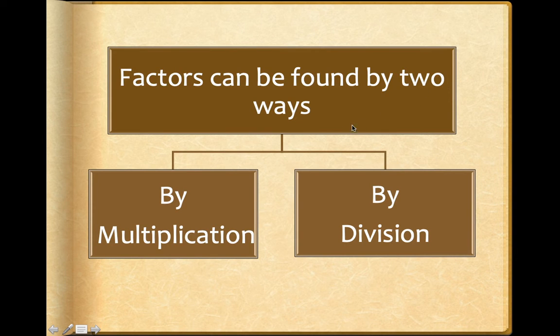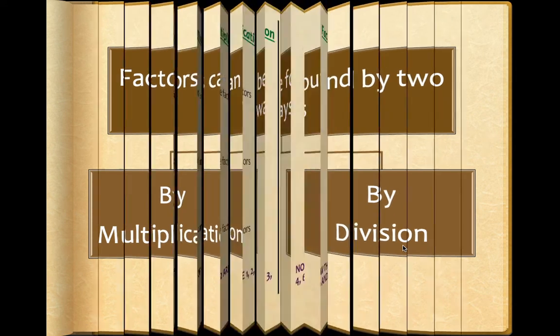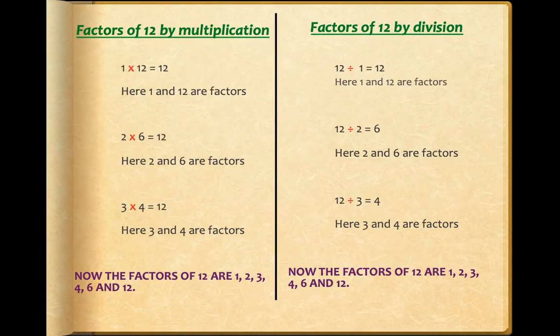In factors, the smallest factor of a number is 1. Factors can be found in 2 ways, either by multiplication or by division. For example, here I have taken 12. Factors of 12 by the multiplication method. 1 times 12 is equal to 12.